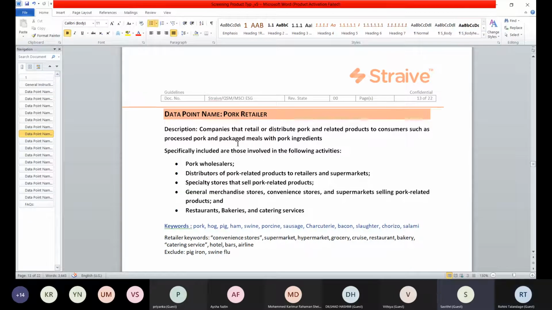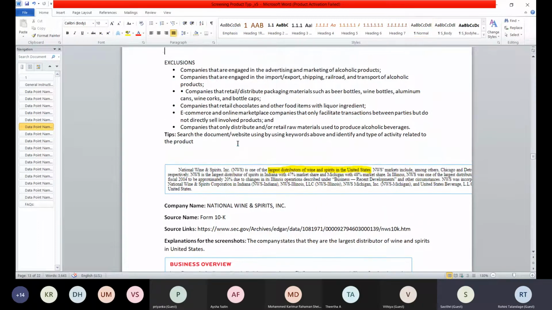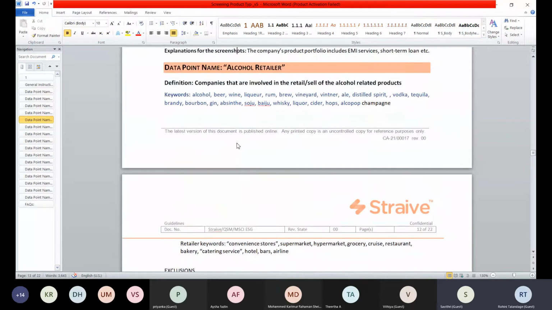Ma'am, can you explain it once? Okay. For the alcohol retailer, we have to check whether that company is selling the alcohol products or not. We need to specifically check whether they are selling it or distributing it. In that case we can mark it as yes.